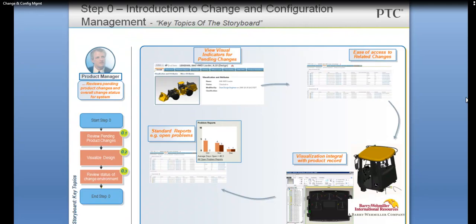What we're going to see now is the first step in the change and configuration management system, which is basically understanding the overall change system inside Windchill, which starts with reviewing the pending changes in Windchill, visualizing the design, which is also very key in terms of the change management system, because any change that happens in a system has to be understood in terms of the design perspective.